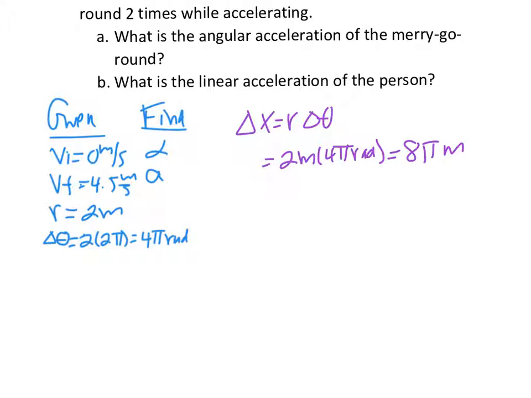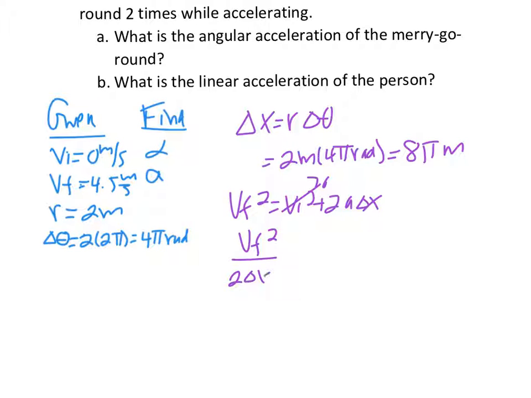No time, we don't need it, so let's use the no time equation. V final squared equals V initial squared plus 2a delta x. V initial goes to 0. V final squared over 2 delta x equals a. 4.5 meters per second squared over 2 times 8 pi meters equals a.